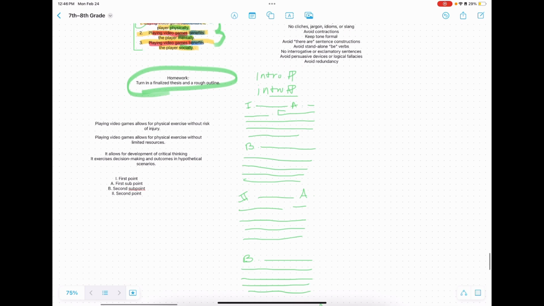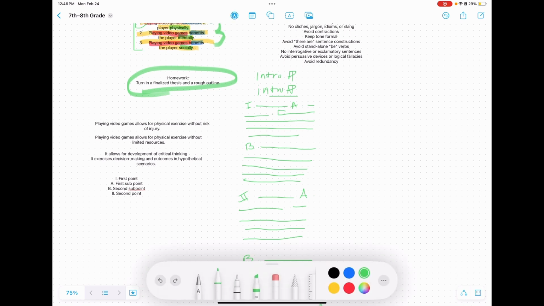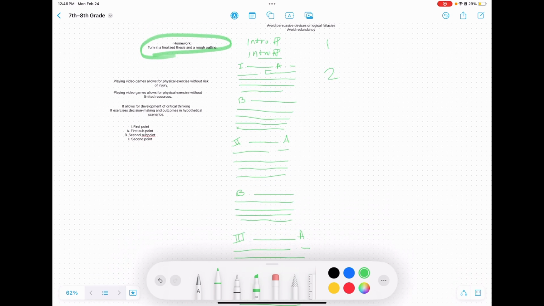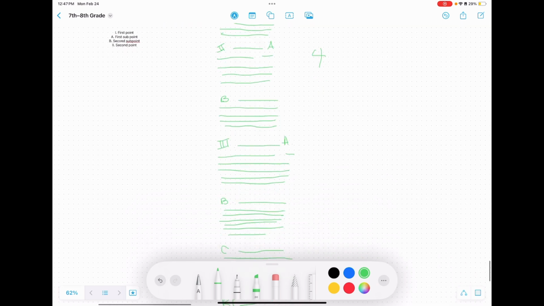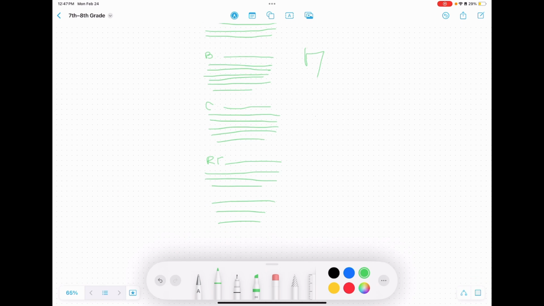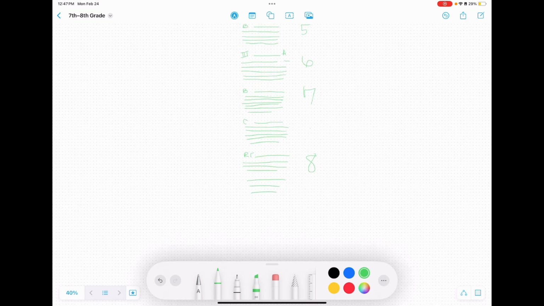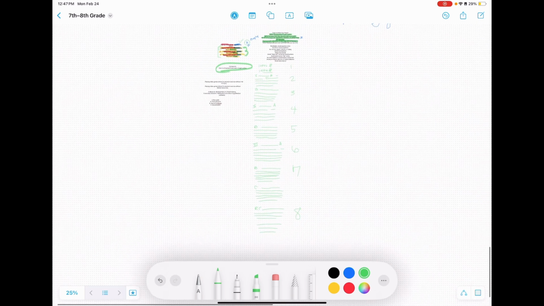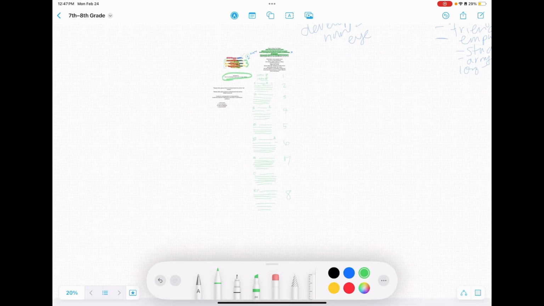So we're going to count them here on the side. 1 intro, 1A, 1B, 2A, 2B, 3A, 3B, 3C optional, and conclusion 1 or 2. So at minimum, you will have 8 paragraphs, although I do expect there to be probably several more. Okay?